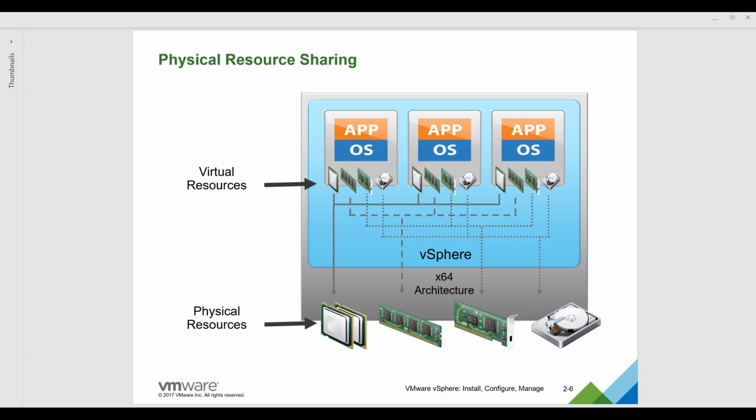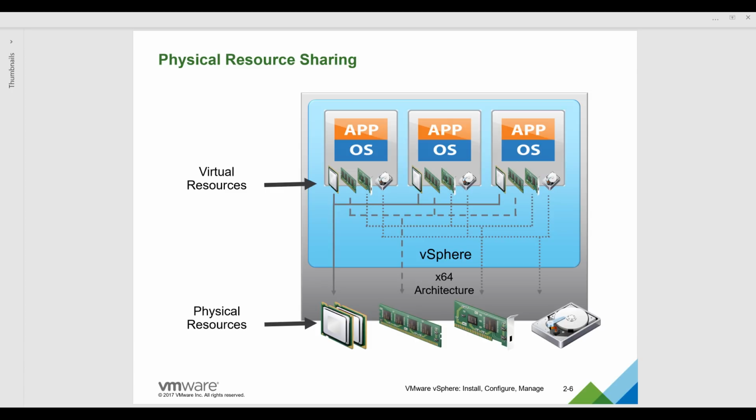Let's take a look at physical resource sharing. With virtualization, you can run multiple virtual machines on a single physical host. And what we mean by a single physical host is that each virtual machine basically shares the resources of that one physical computer across multiple environments.